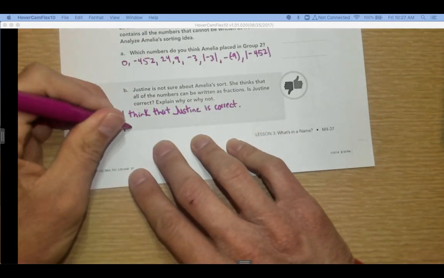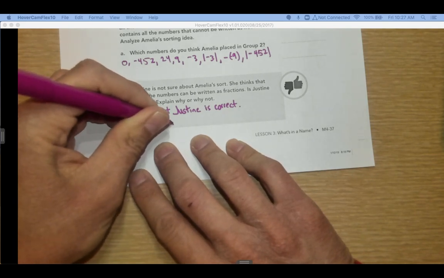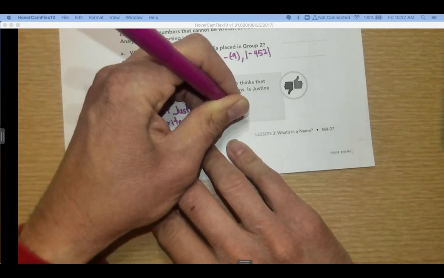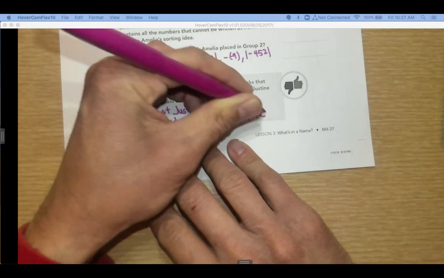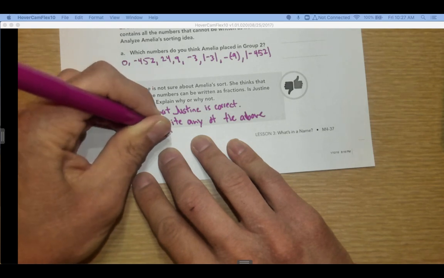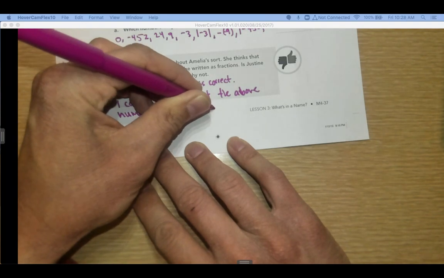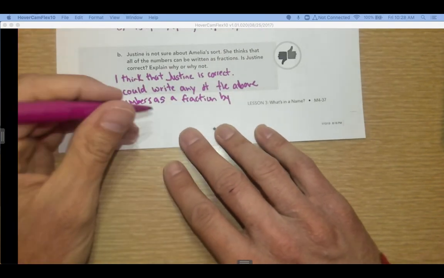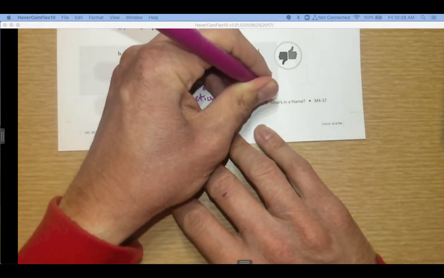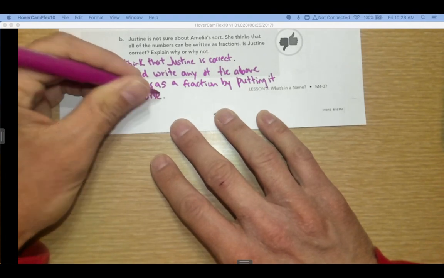I could write any of the above numbers as a fraction by putting it over 1. Okay.